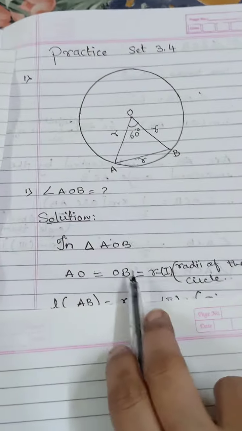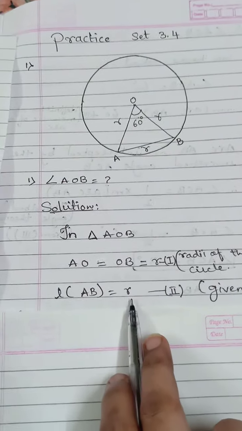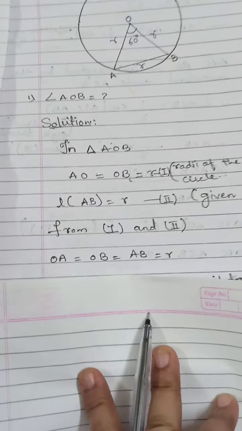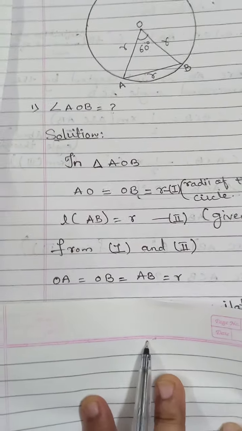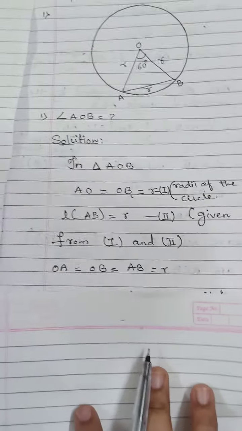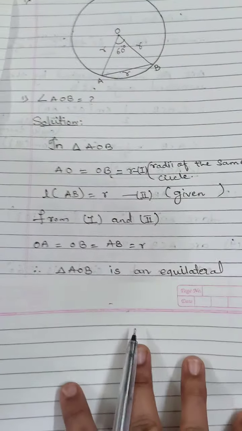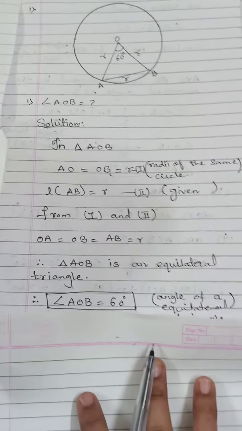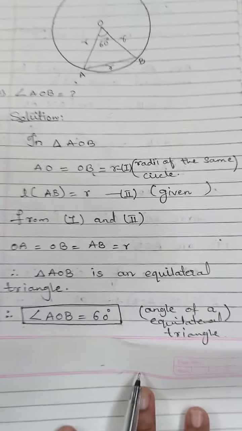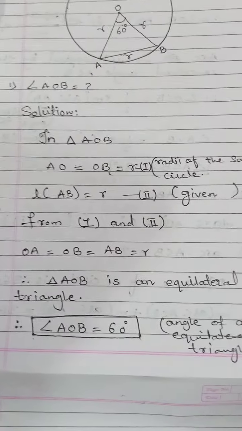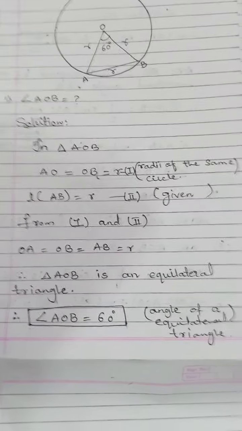From 1 and 2 we can say that OA and OB are both R and the length of AB is also R. So all three sides of triangle AOB are the radius R. Because of this the triangle becomes an equilateral triangle. Therefore angle AOB is 60 degrees, and the reason will be the angle of an equilateral triangle. In this way we have completed our first sub question, that is, angle AOB is equal to 60 degrees.